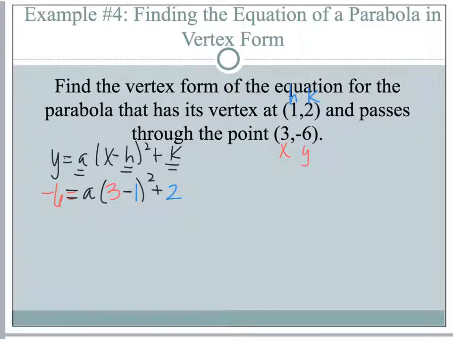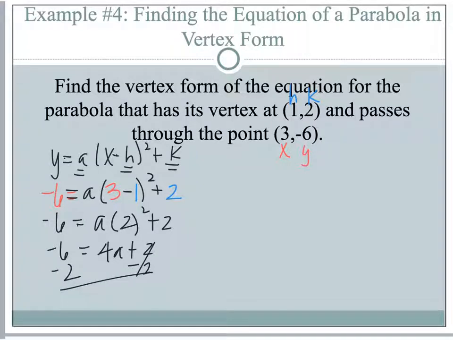So if I take the center part, 3 minus 1, that gives you 2. So negative 6 equals a times 2 squared plus 2. 2 squared is 4. So that's 4a plus 2. Subtract 2. I get negative 8 equals 4a. And then I'm going to divide by 4. So a equals negative 2.